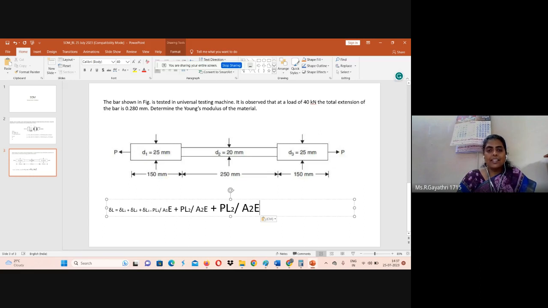But commonly we can say del L means PL by AE. Can you substitute and tell me Young's modulus value? Please substitute all the given conditions and you can answer Young's modulus value. You can post your answer in the chat box.